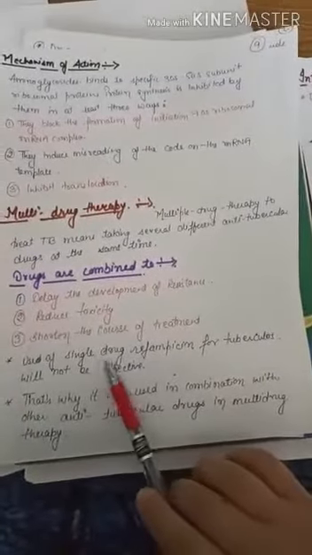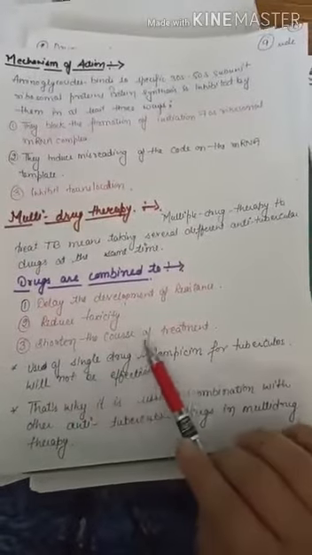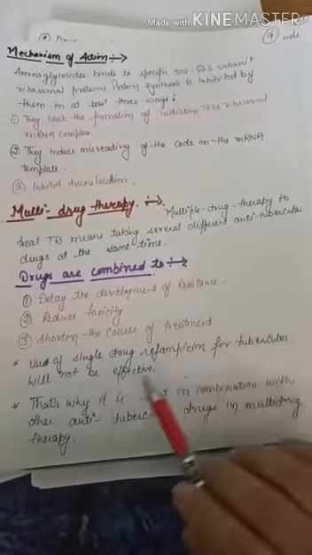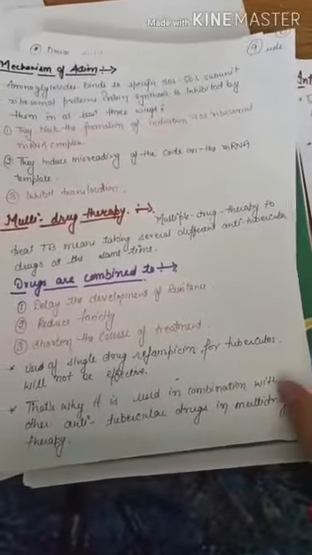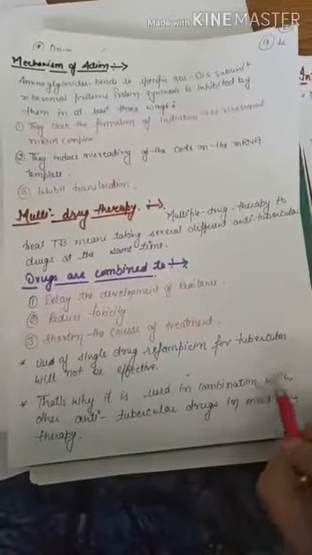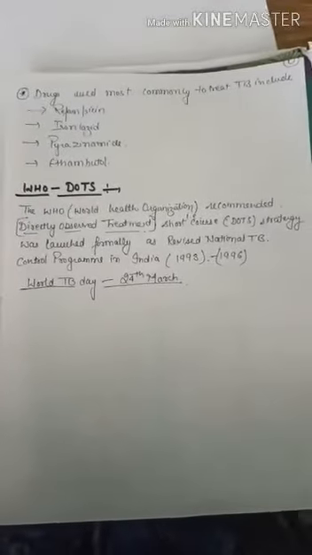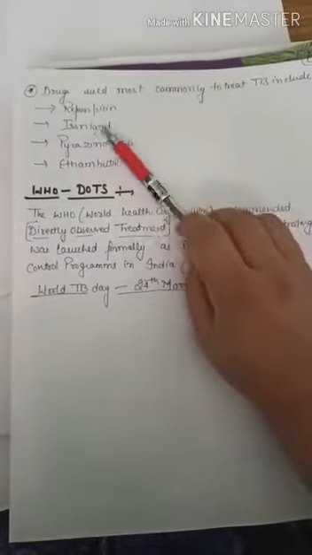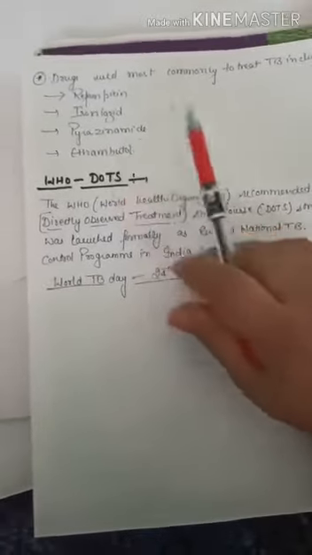Use of single drug rifampicin for tuberculosis will not be effective. That's why it is used in combination with other anti-TB drugs in multiple drug therapy. So, the drugs used most commonly to treat TB include rifampicin, isoniazid, pyrazinamide, and ethambutol.